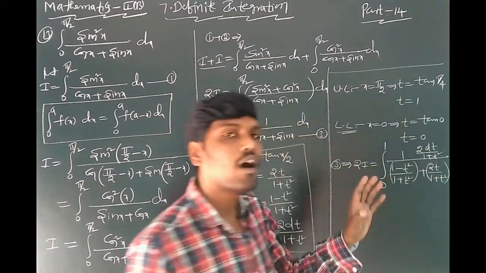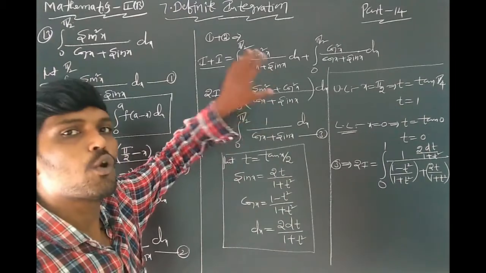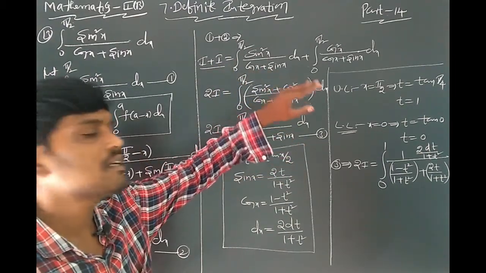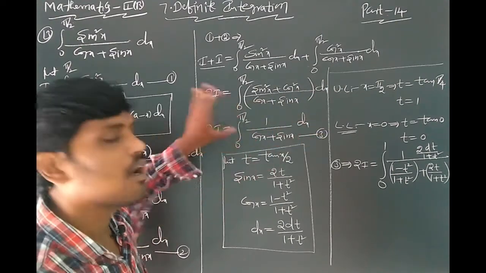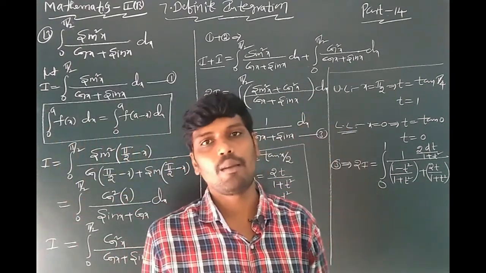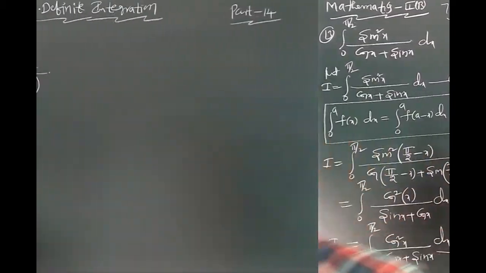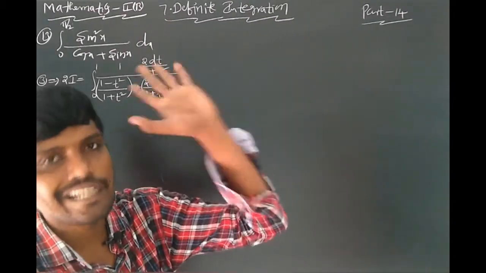You can write all these values in equation 3: the cos x value, sin x value, dx value, and the lower and upper limits substituted in equation 3. The next step is to simplify the numerator and denominator.